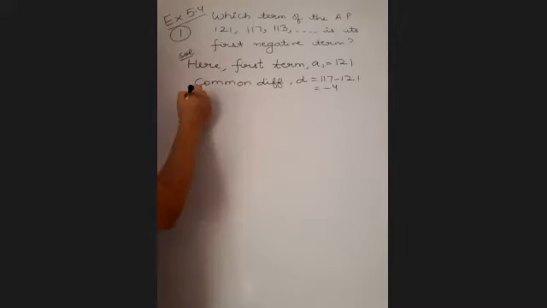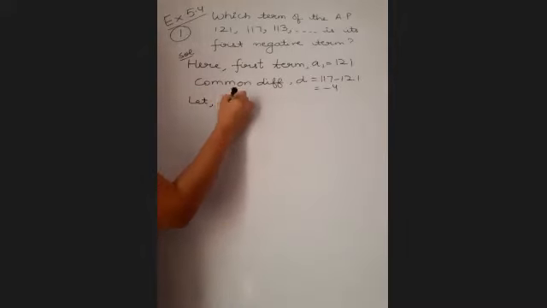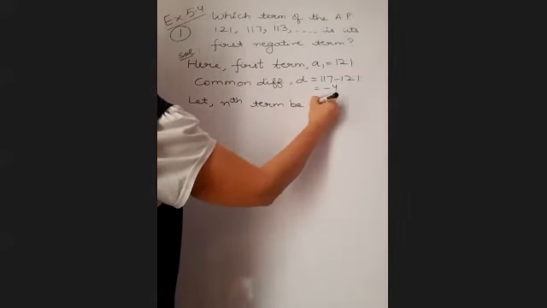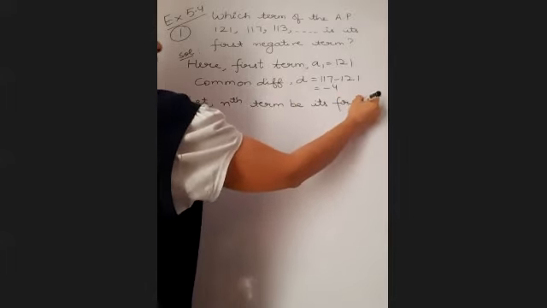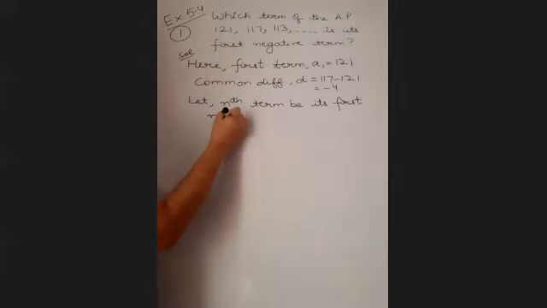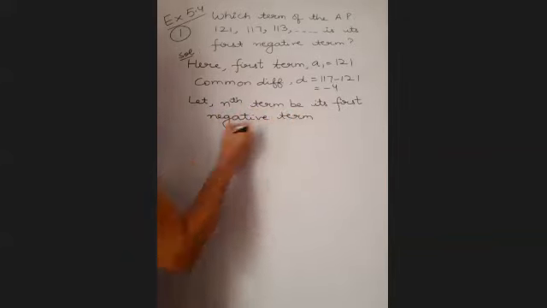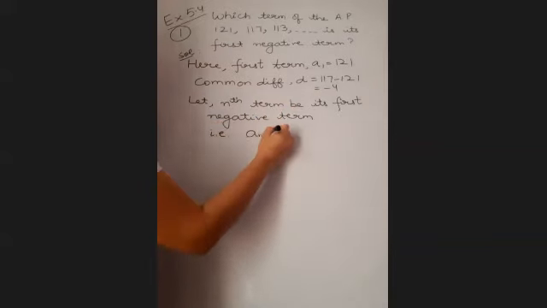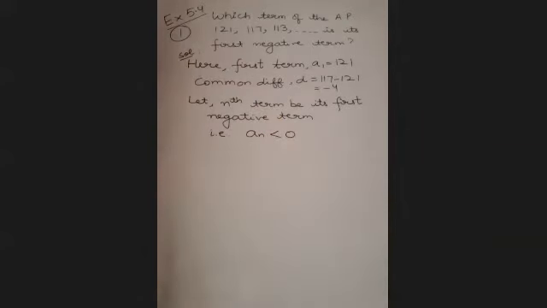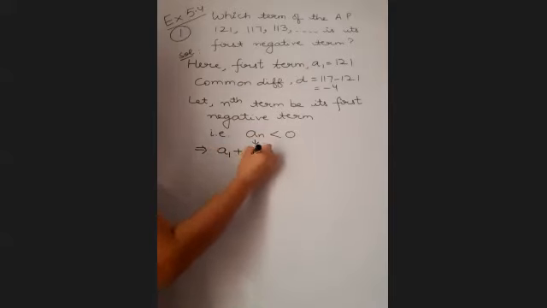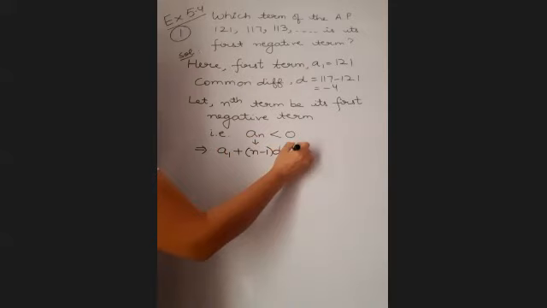So what we are going to do is let nth term be its first negative term. That is, an is less than 0. Clear? And now putting the formula of an, which is a1 plus n minus 1 d less than 0.